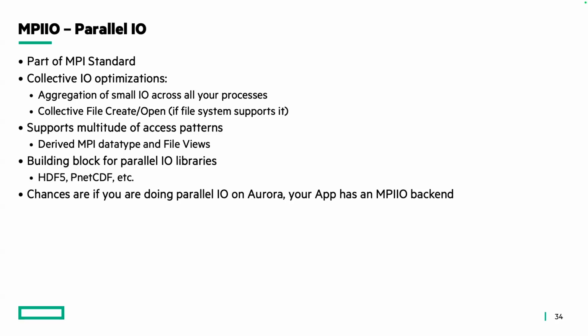There are other access patterns you can do with MPI-IO, with derived data types and file views, but I won't get into that. Chances are, if you are doing parallel I/O on Aurora, your app has an MPI-IO backend or one of the HDF5 or PnetCDF backends that use MPI-IO. So this is very important to support well on Aurora.